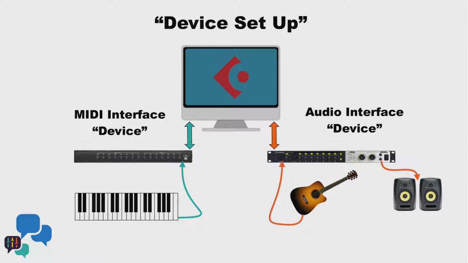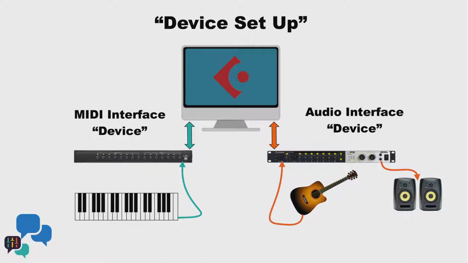And with as many controllers being USB as there are, it's conceivable you might not have an external piece of hardware for that. You might plug, say, a USB mic or a USB keyboard right into the back of the computer, in which case that mic or keyboard itself is going to be your interface device, and you're going to configure it in that same window we were just looking at.